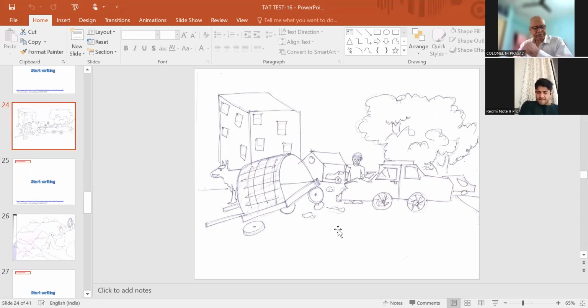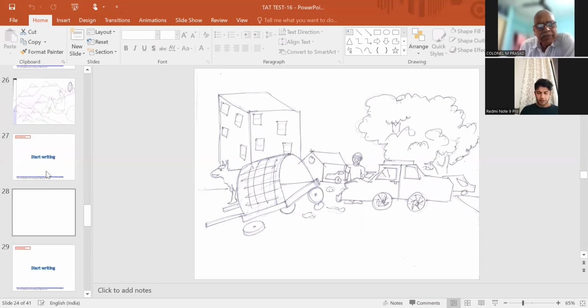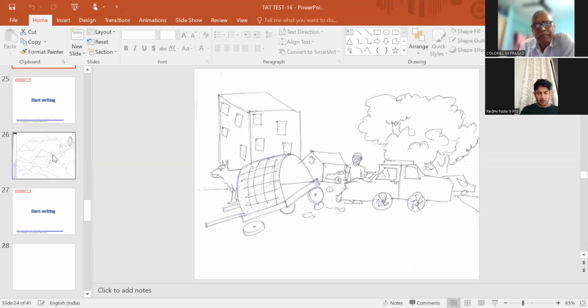What is his contribution then? Helping, keeping aside the debris and bringing it to one side of the road, isn't it? Anything beyond that? And taking the car driver to the nearby garage. Only two actions he has taken, isn't it?